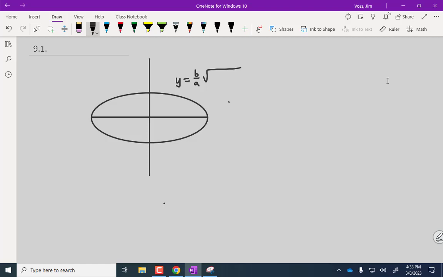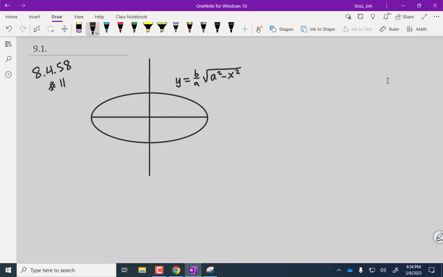Actually, it's A squared, not x. Which problem is it? This is 8.4 number 8. It's question 11.